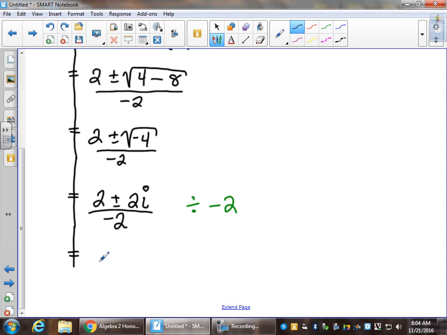This becomes negative 1. I'm going to put 1 here, and I'll explain why in a second. And then negative 2 divided by negative 2 is 1. So this is negative 1 plus or minus i.